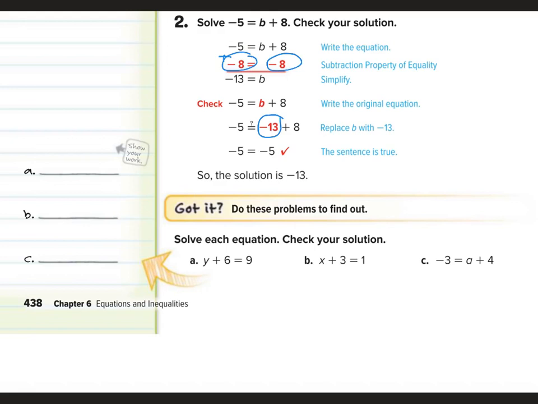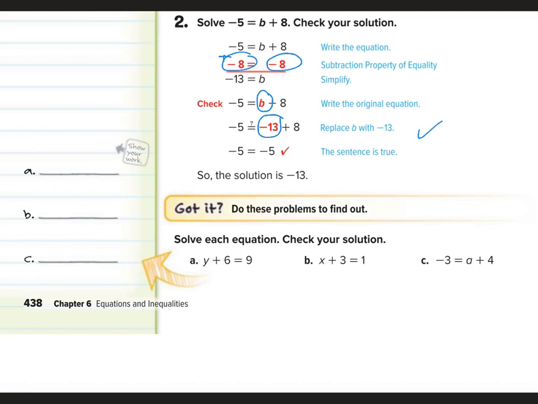Then they substituted in -13 for b, and they were left with -5 equals -5. The sentence is true, they checked it. Got it? Now try these problems. Give this problem a try and then check your answers using the video in the next minute or two.